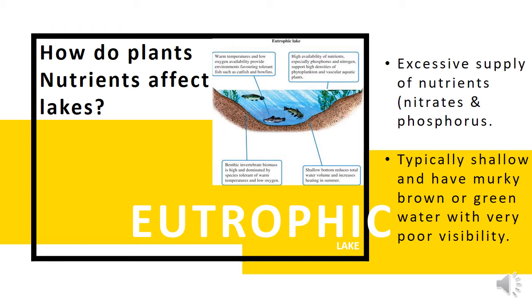A high availability of nutrients, especially phosphorus and nitrogen, supports high densities of phytoplankton and vascular aquatic plants. These eutrophic lakes are typically shallow and have murky brown or green water with very poor visibility. The temperature is warm.